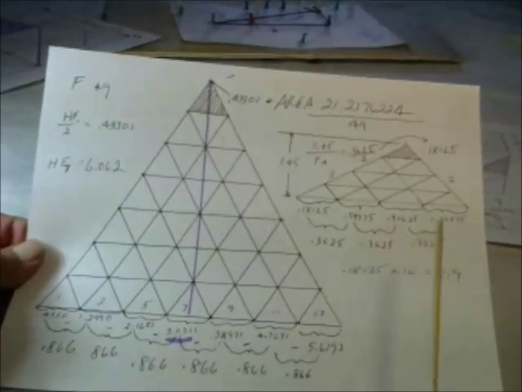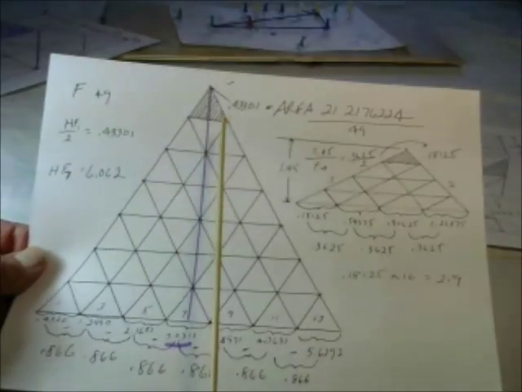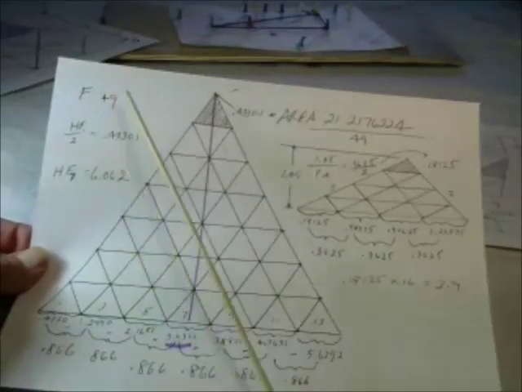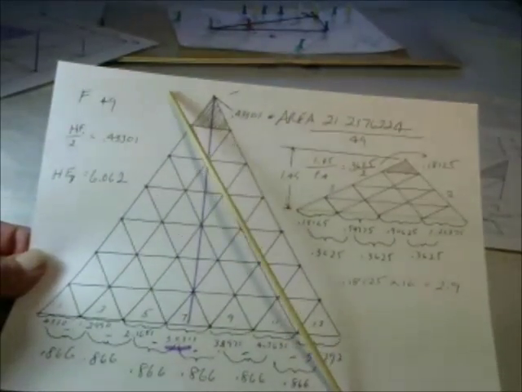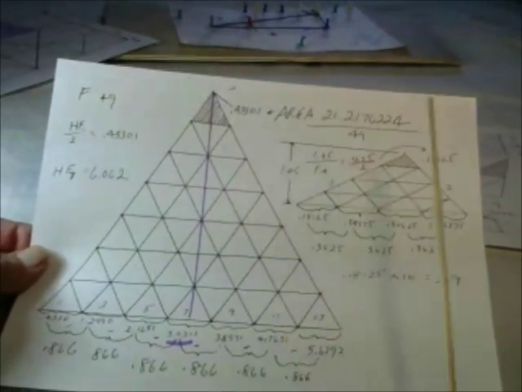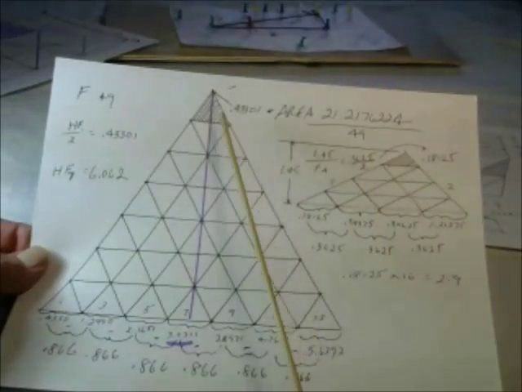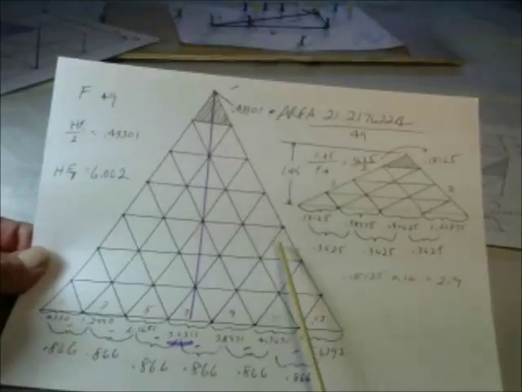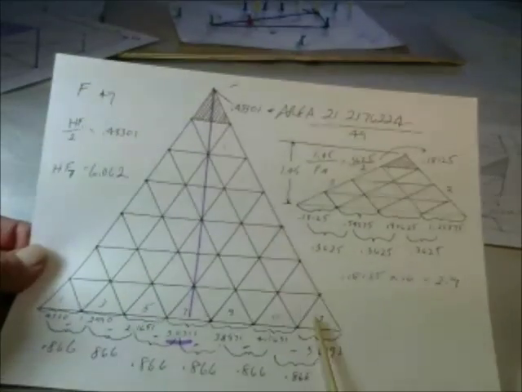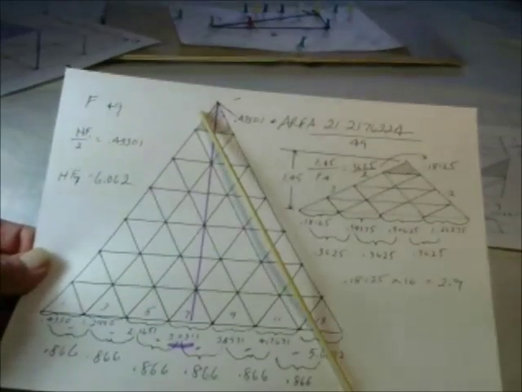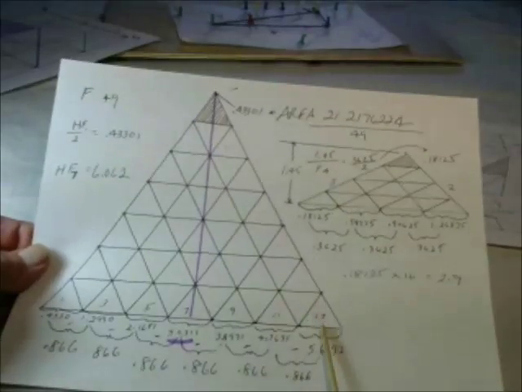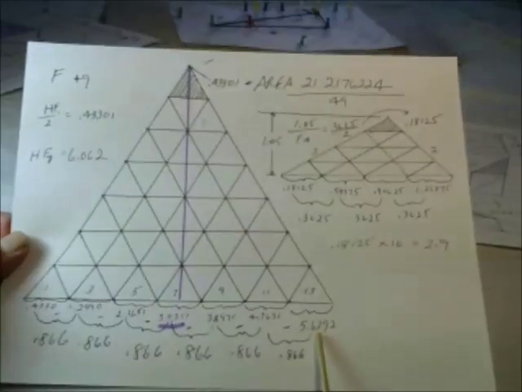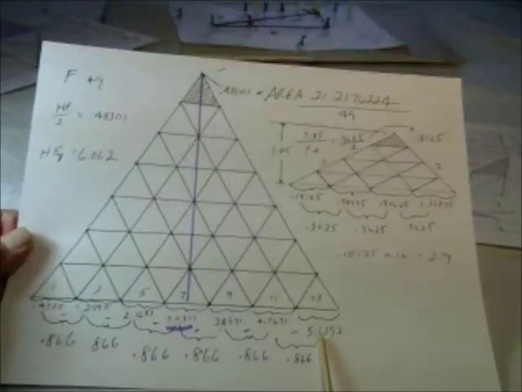Now what's interesting here is that we can start slicing off, boom, boom, boom, boom. We can start slicing off this equilateral triangle, and we have 1, 2, 3, 4, 5, 6, 7, 8, 9, 10, 11, 12, 13 triangles on this slice here, and we multiply 13 times 0.4301, and this is the area that we're taking off.